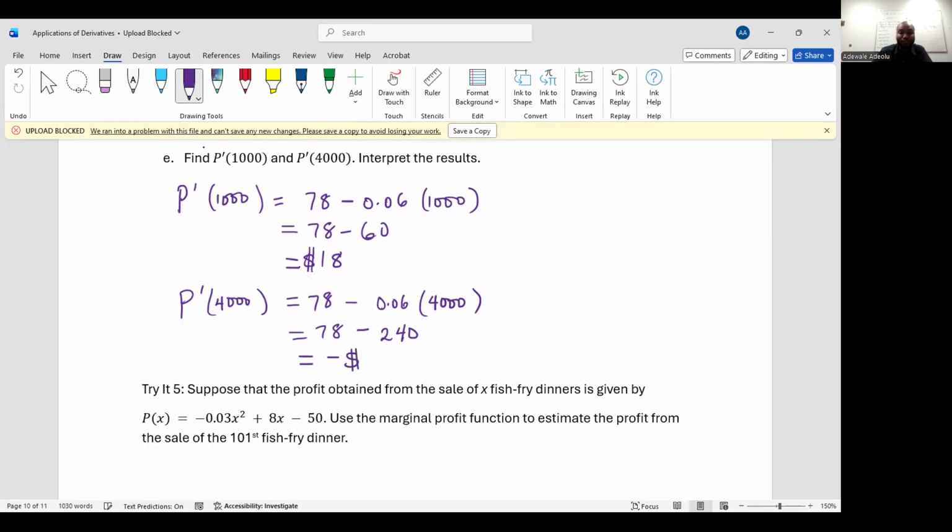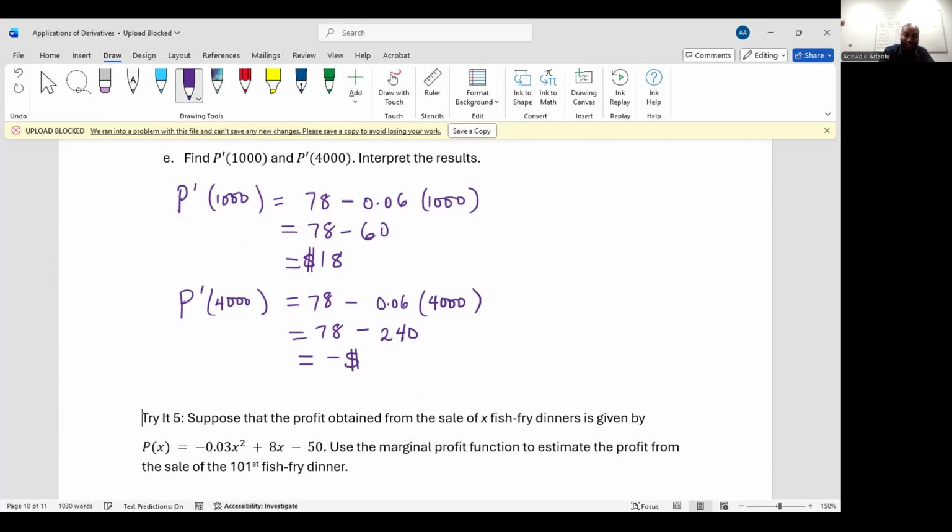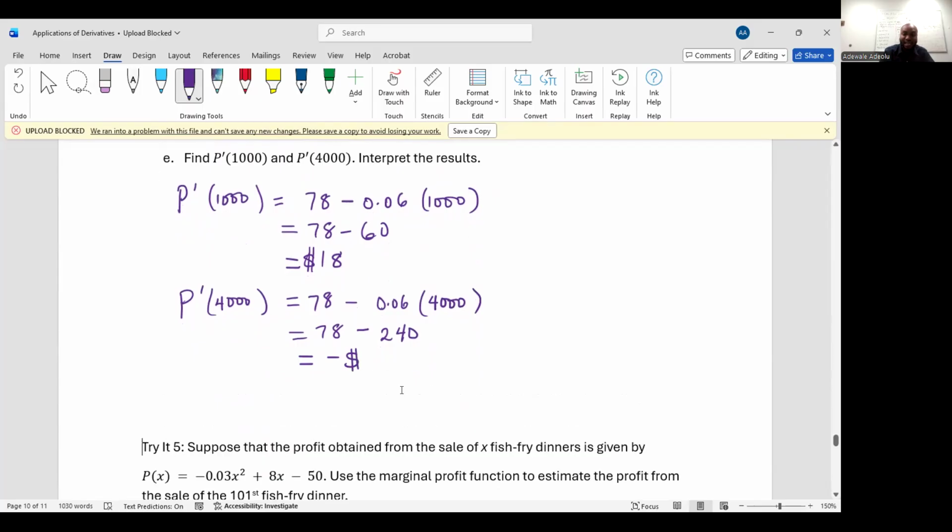Now you are making negative profit. That means your selling price is now ridiculously low, so that you are losing profit. So this is minus 162. Yeah, 162. So that is negative 162.